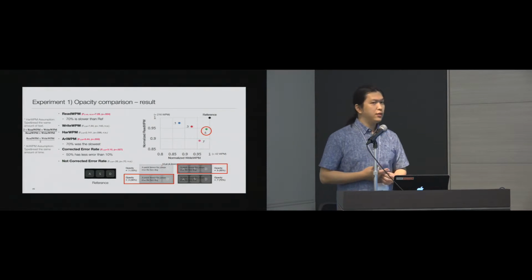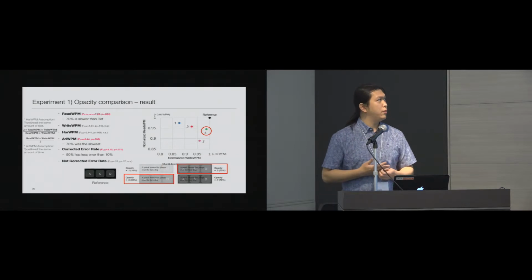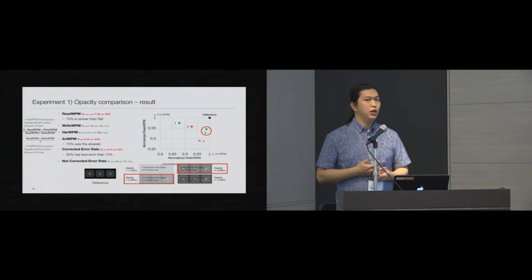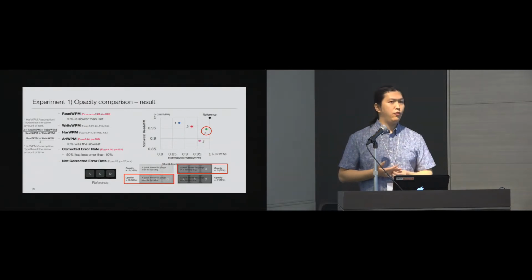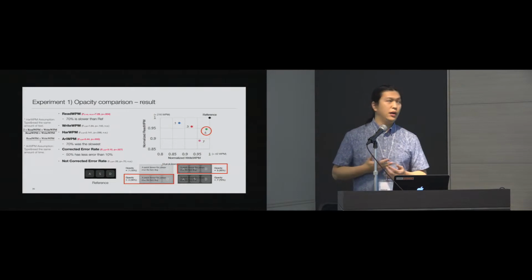We also measured other metrics such as the error rate, and we made some combined metrics that combine the reading and writing speed. The harmonic WPM assumes the user reads and writes the same amount of text, and the arithmetic WPM indicates the user reads and types for the same amount of time.